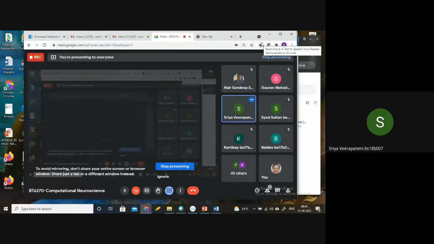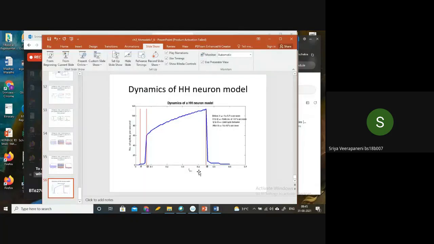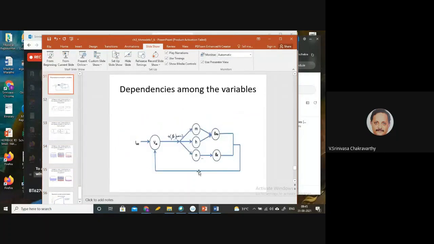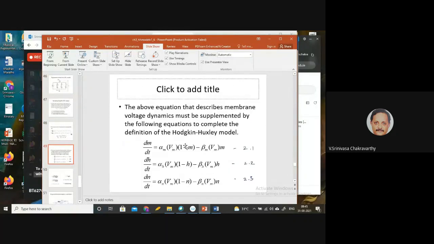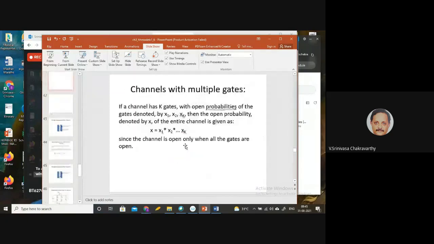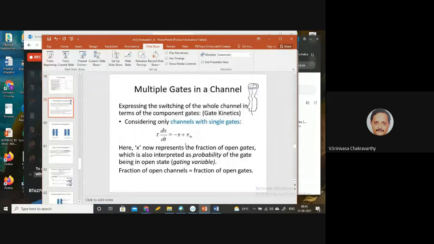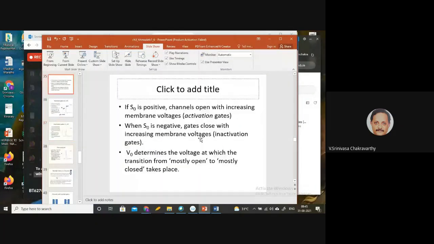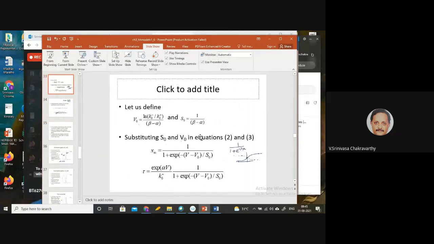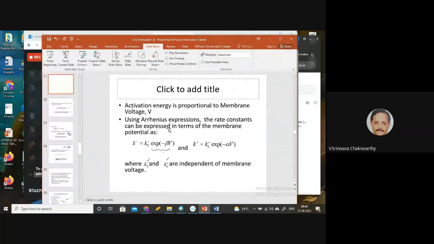Initially, I discussed the dynamics of a population of channels, and we wrote down all these equations. Up to here, we said this is all about channels.